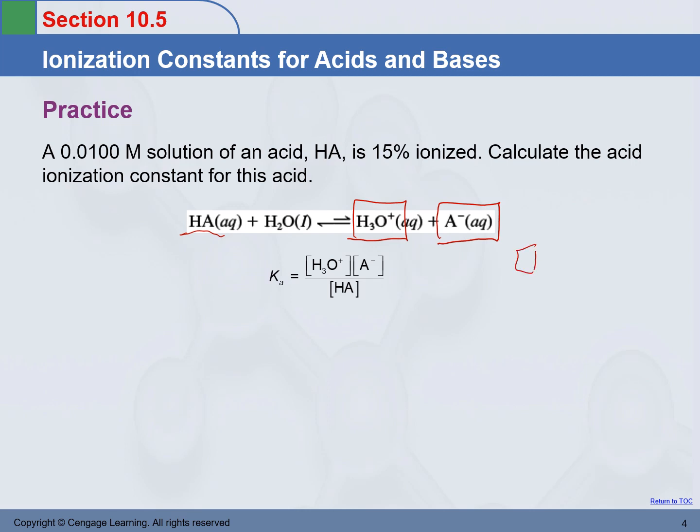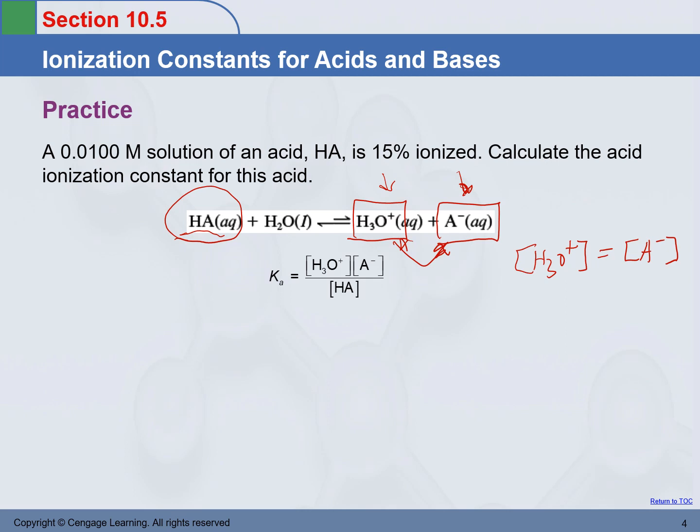What I'm trying to say is that the concentration of hydronium ion should equal the concentration of the conjugate base of HA. Does that make sense to you? Because both of them are produced from the ionization of HA. And for every one HA ionized, it always generates the same amount of H3O plus and A minus.